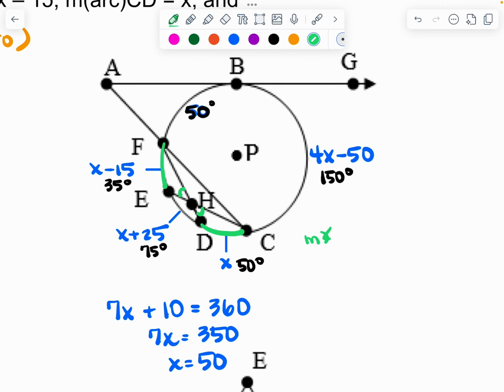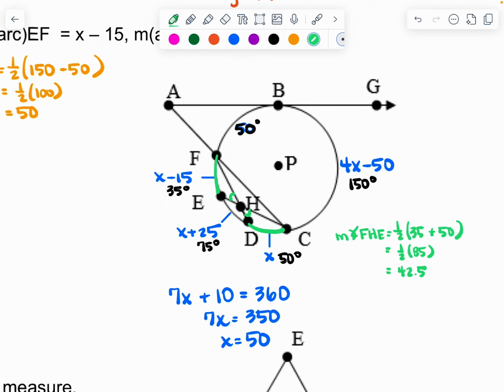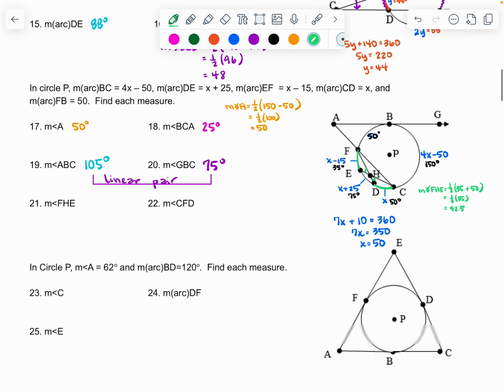So the measure of angle FHE is going to be half the sum of 35 plus 50. So that's half of 85, which gives us 42.5. And again, that's on your formula chart. So 42.5 degrees.